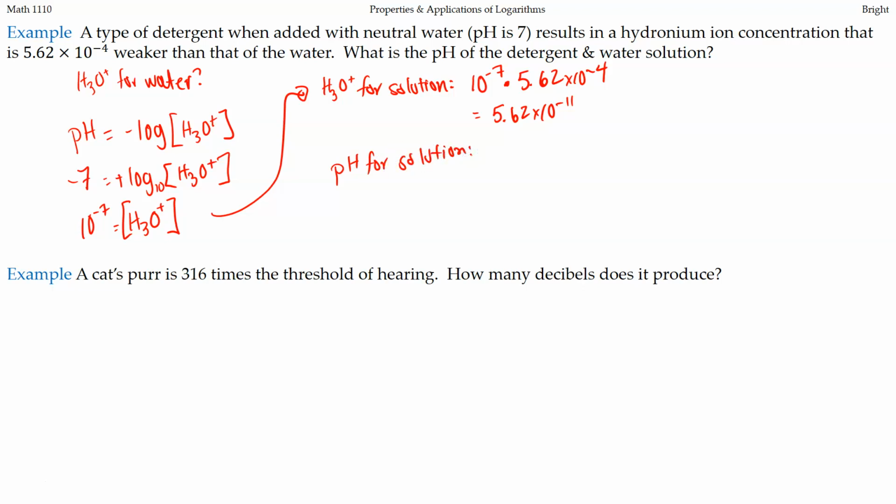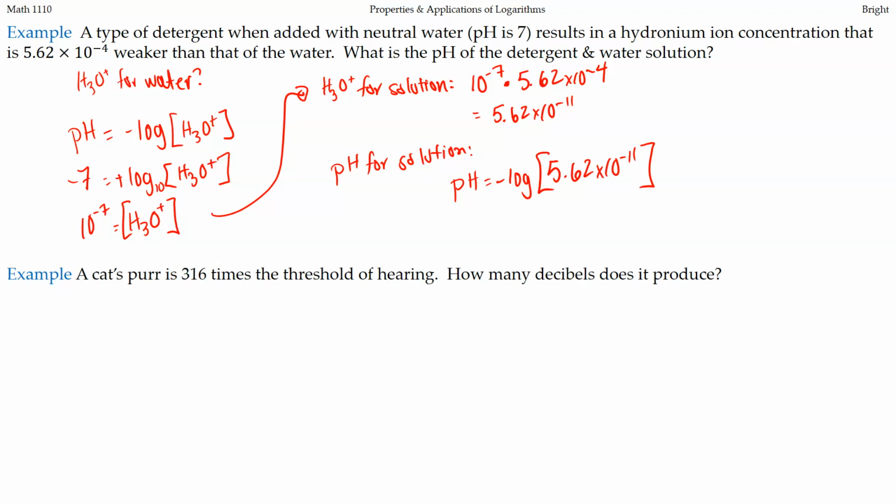To get that, I'm going to use the formula pH is equal to negative log of the hydronium ion concentration, which I said was 5.62 times 10 to the minus 11. Now I have to use a calculator for this, so I'm going to type in negative log 5.62 times 10, and that's the E button if you haven't discovered that, minus 11.